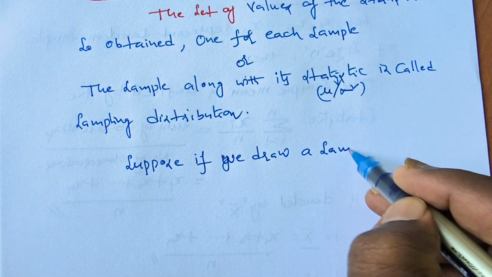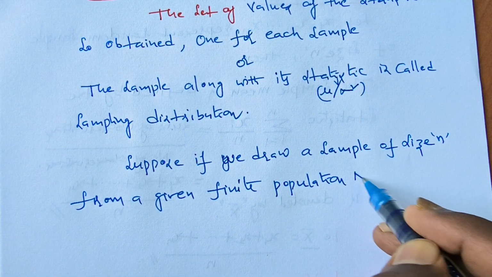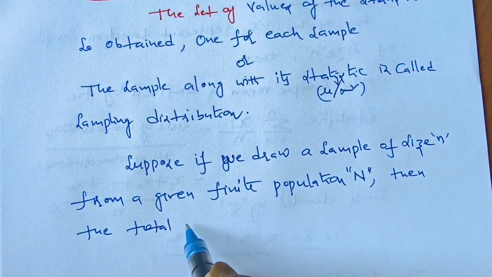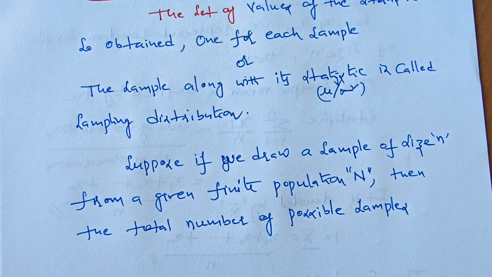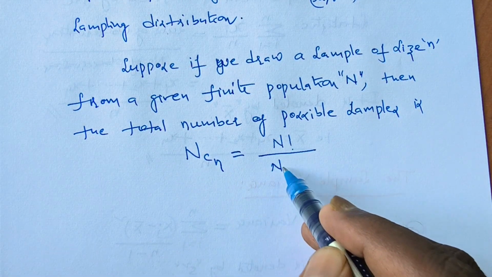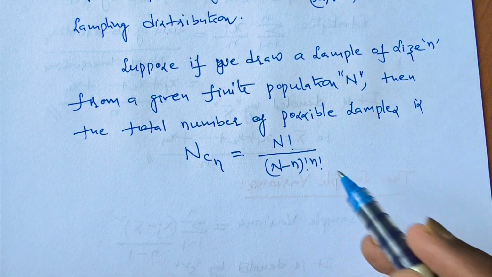To understand this, suppose we draw a sample of size n from a given finite population of size capital N. Then the total number of possible samples is given by capital N C small n.